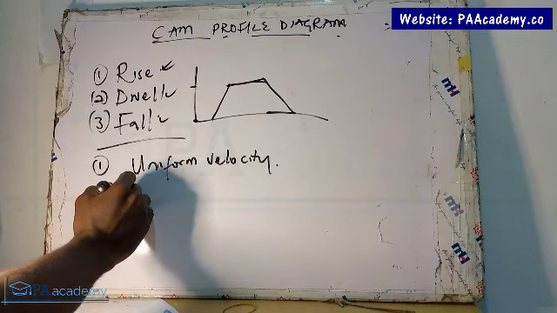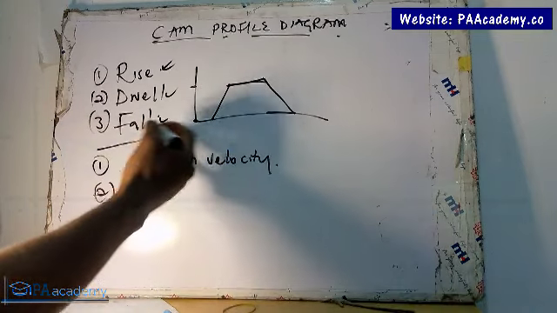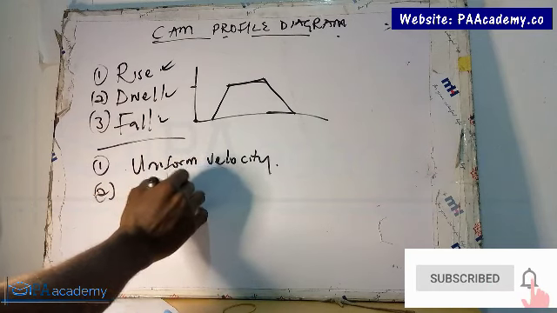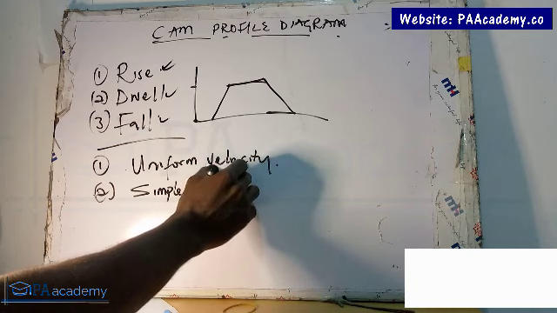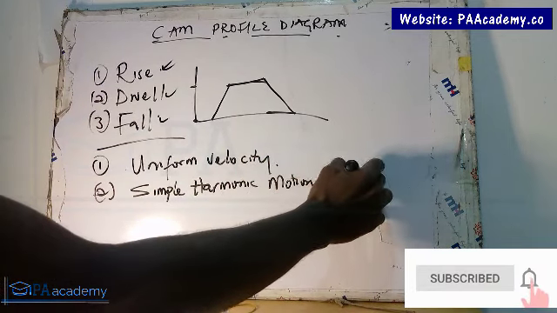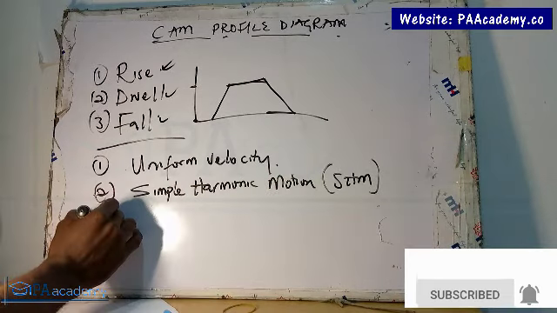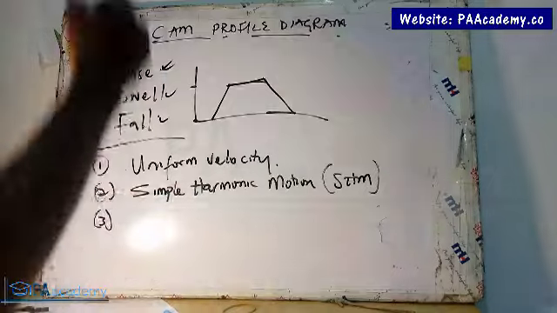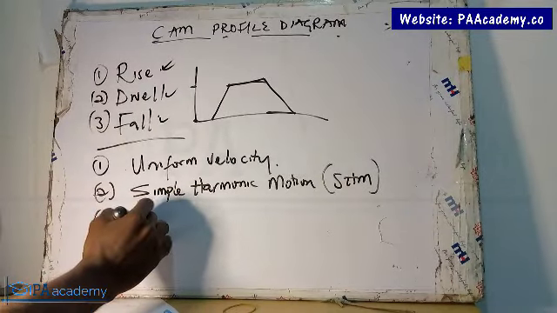The second one is, does it rise or fall with simple harmonic motion, SHM? Or does it rise and fall with uniform acceleration? That is the rise, uniform acceleration or deceleration.